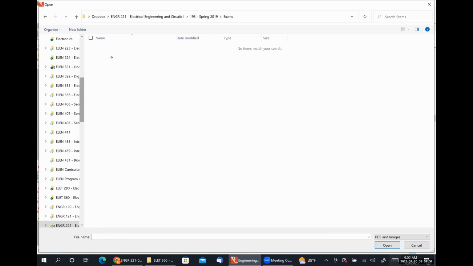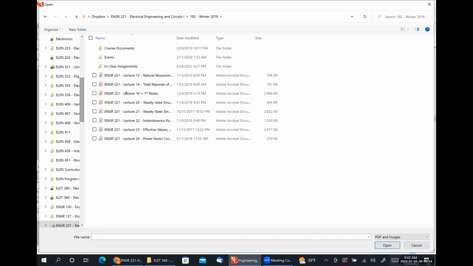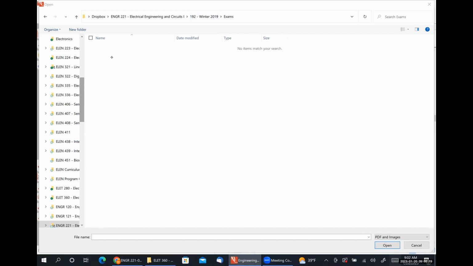There's no exams in this folder, so not that one apparently. Winter of 2019. How are there no tests? Oh, I bet they're in Word, not in PDF form.